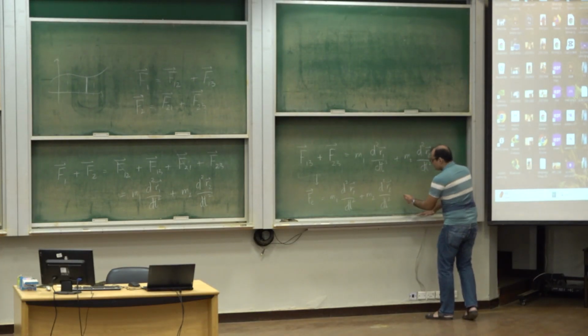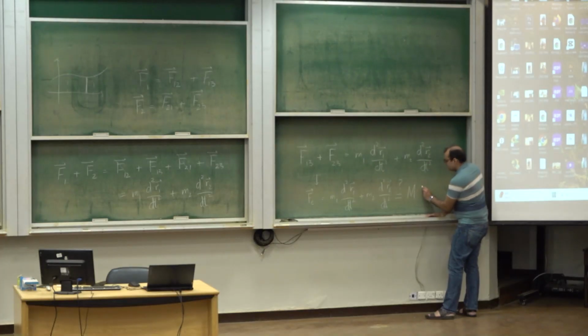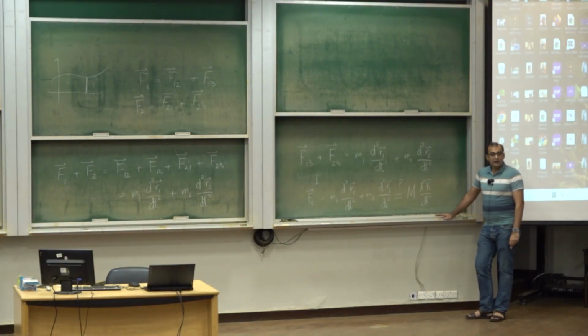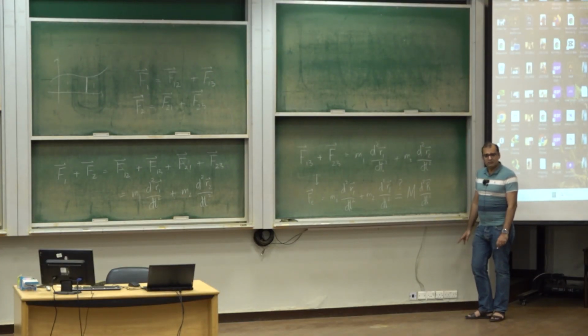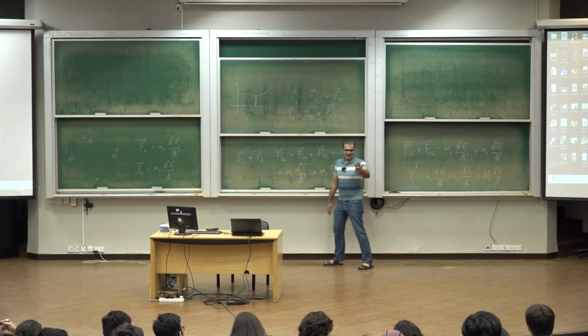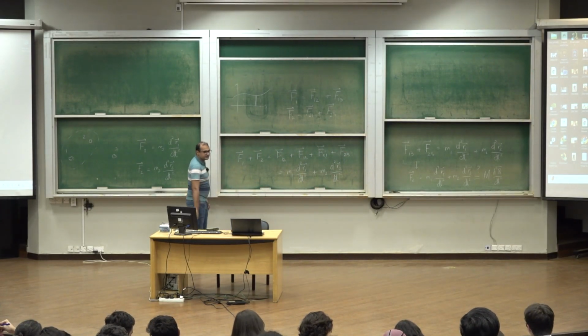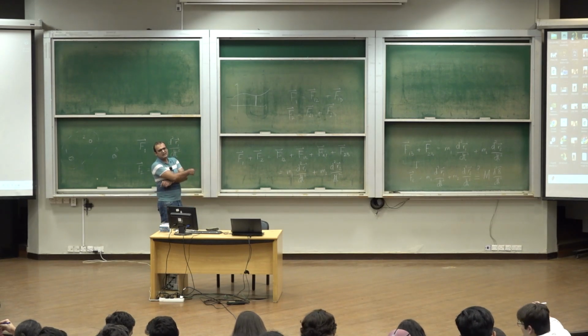Okay. So the objective is, can you write this in the form of capital M times the double derivative of some position vector? The answer is that you can, and that's exactly what defines capital R. Capital R is your center of mass. Okay. अभी इसी को शो करना है. अभी मैं कह रहा हूँ can you do this, और अब my objective है ताकि मैं डेरिवेशन करने ना बैठ जाऊं.